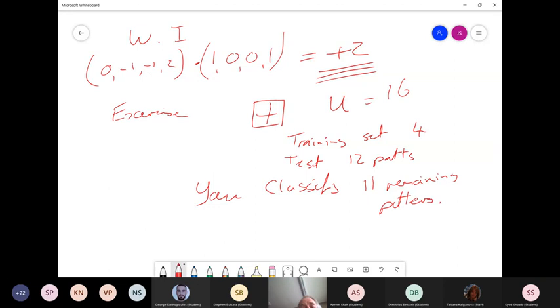And because this is a very simple problem, it's only 4 bits, you might find some patterns are on the decision surface and can't be classified. That is, they give a response of 0.